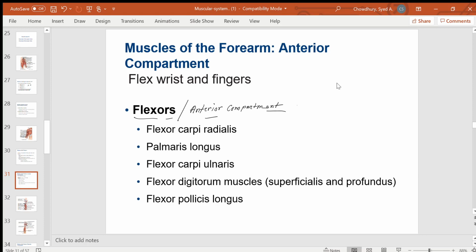Because the anterior forearm muscles will work on which part? The part below the forearm. That means will work on hand and the fingers. Those are the structures below the forearm, right? And the front muscles will cause the flexion of the hand and flexion of the fingers.